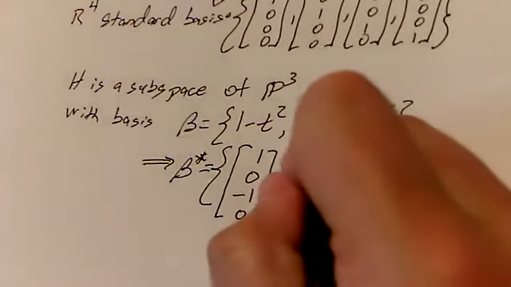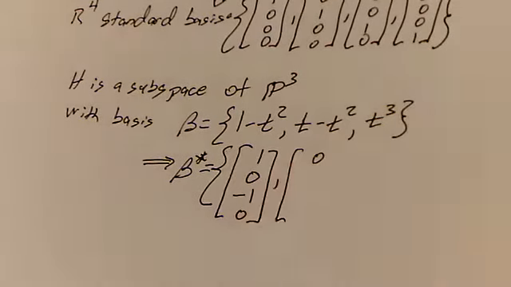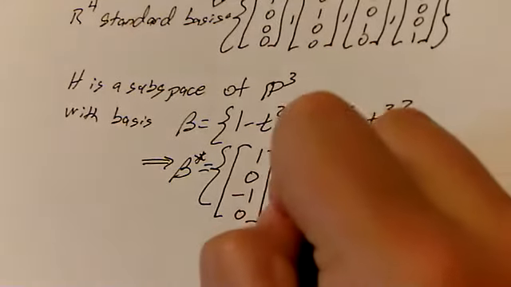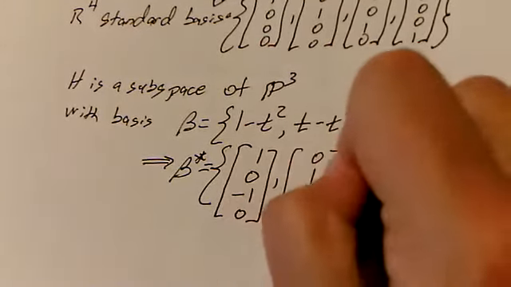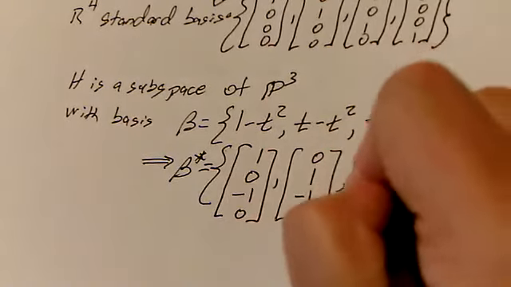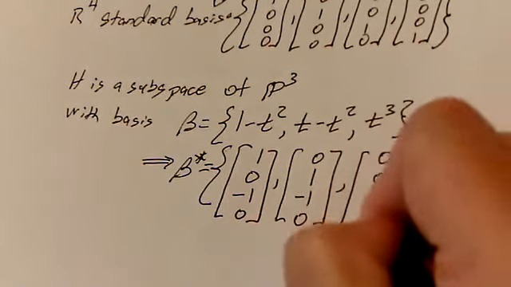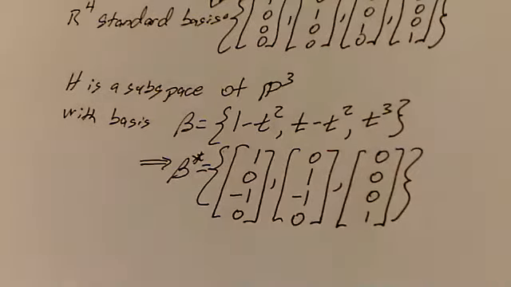The second vector has no copies of 1, 1 t, negative 1 t squared, and no t cubed. And then my third vector has no copies of anybody except for t cubed. Those are the corresponding vectors.